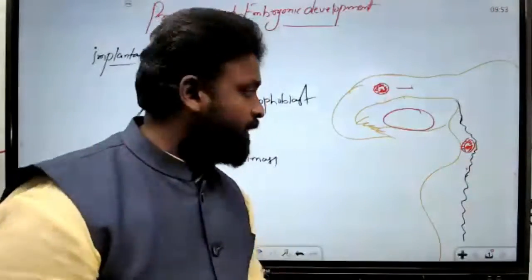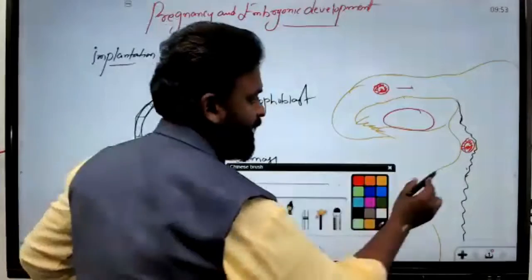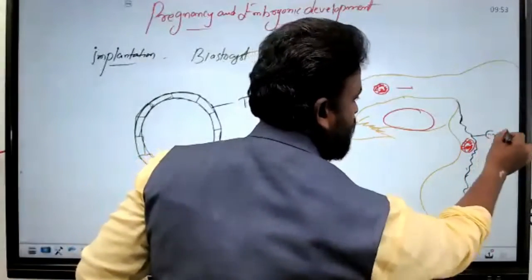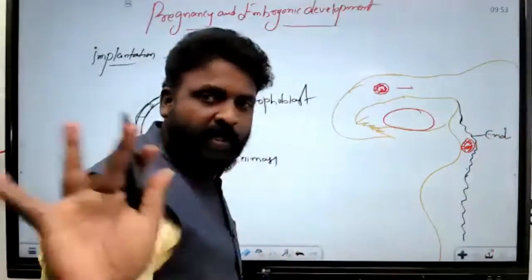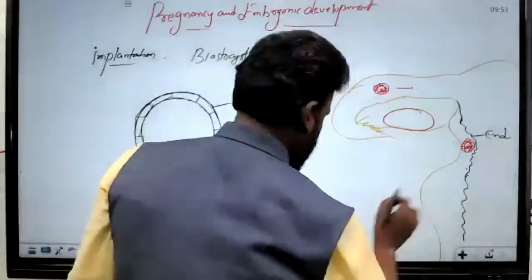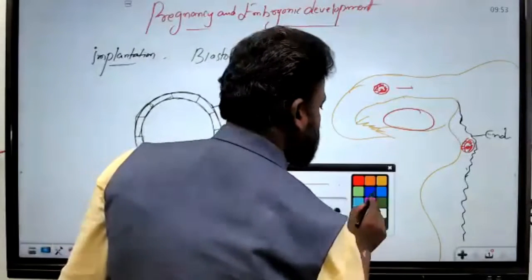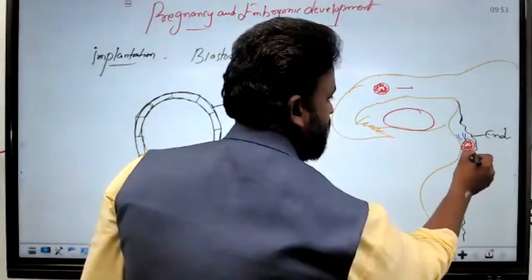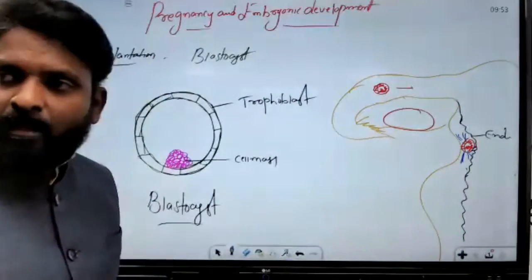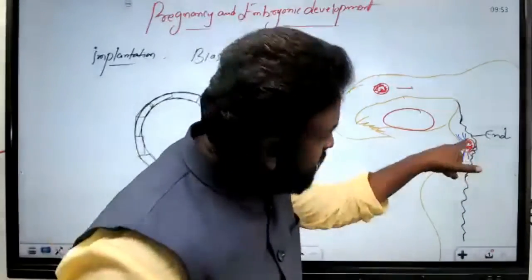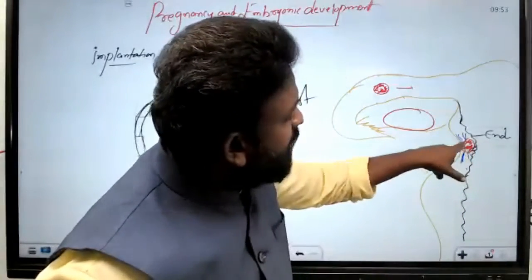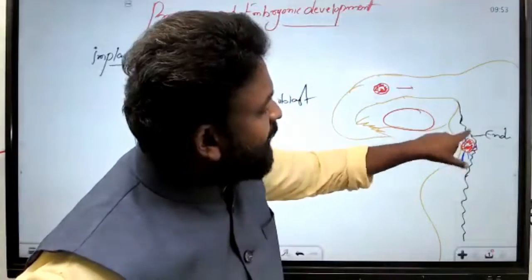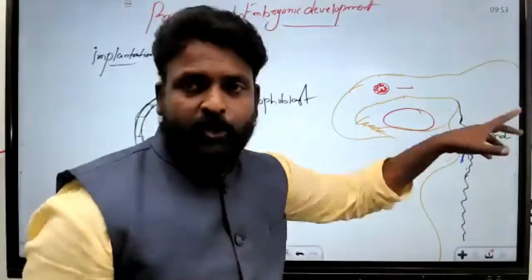Now I am asking about the tissue: it is part of the endometrial tissue, the uterine part. And the next one consists of numerous blood vessels. Got it, all of you? The blastocyst is surrounded by blood vessels and uterine tissue. Say yes or no, all of you?